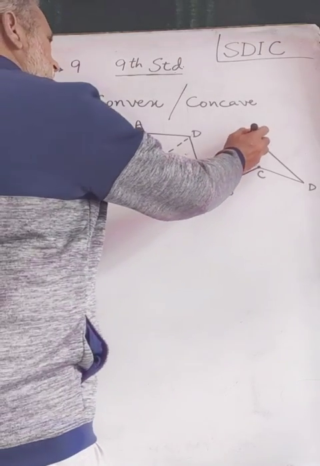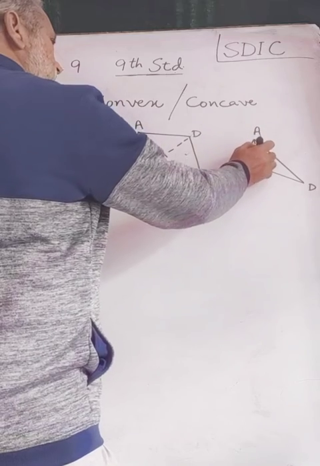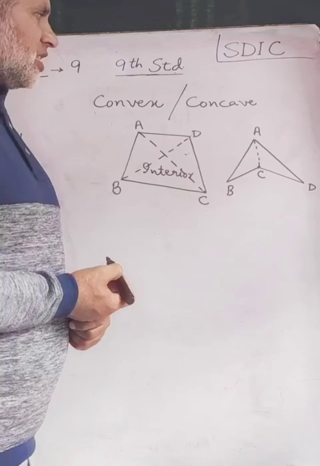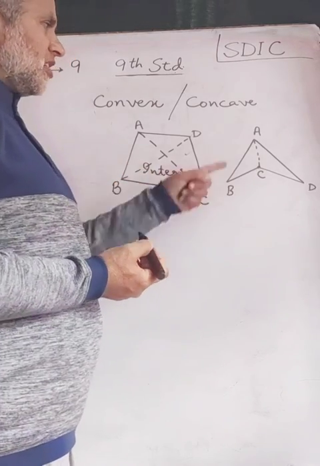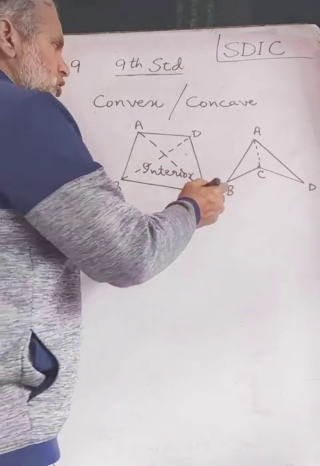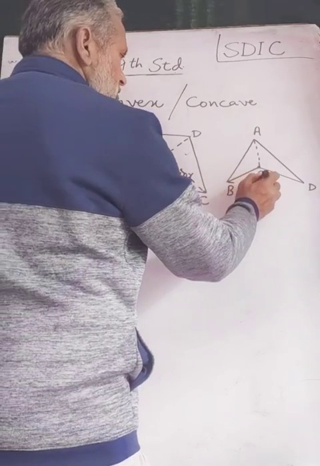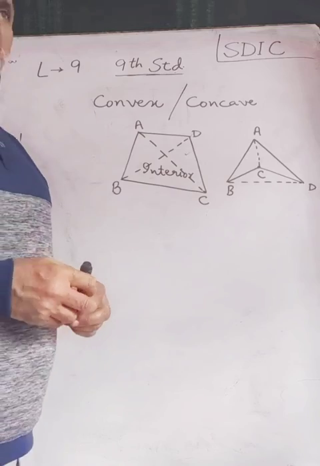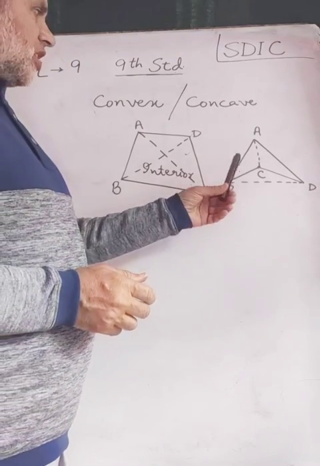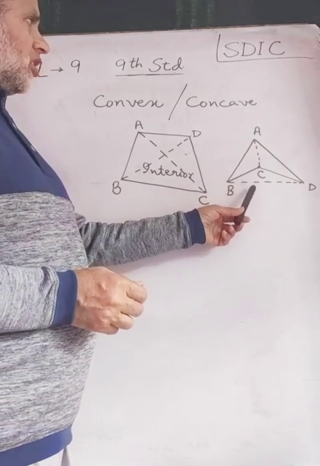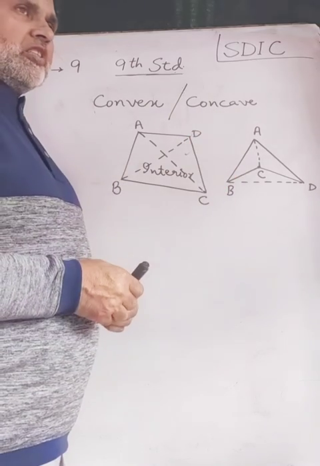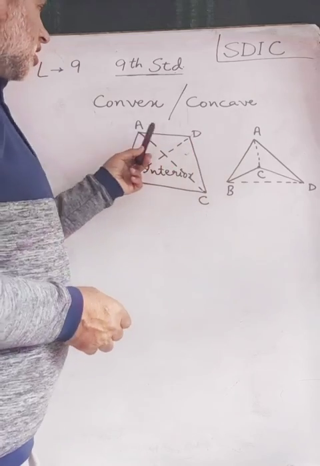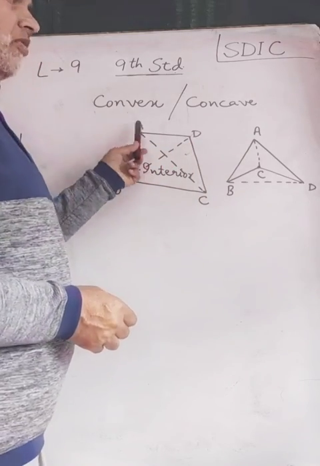One of the diagonals here will be AC, joining non-consecutive vertices A to C. This diagonal lies completely in the interior, like the earlier one. But when we draw this diagonal, joining B to D, it lies in the exterior of the quadrilateral. When that is the situation, the quadrilateral is called a concave quadrilateral. So this quadrilateral ABCD is a concave quadrilateral, and the other quadrilateral ABCD is a convex quadrilateral.